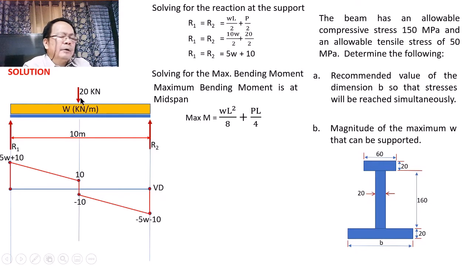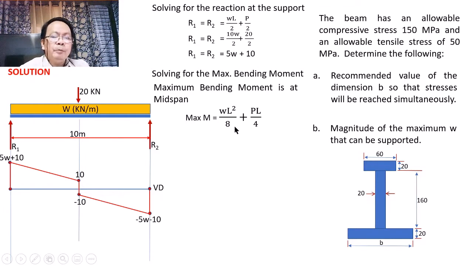At kapag ang concentrated load naman ay nasa gitna, you will have a maximum bending moment of PL over 4. So from the combined loading condition, the total maximum bending moment will be equal to WL square over 8 plus PL over 4.